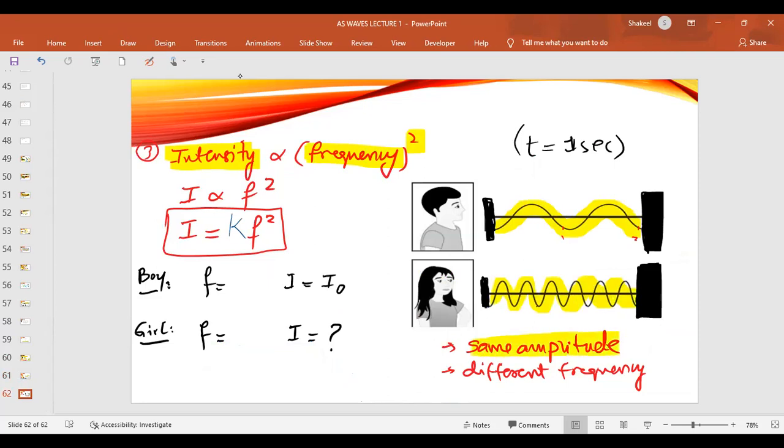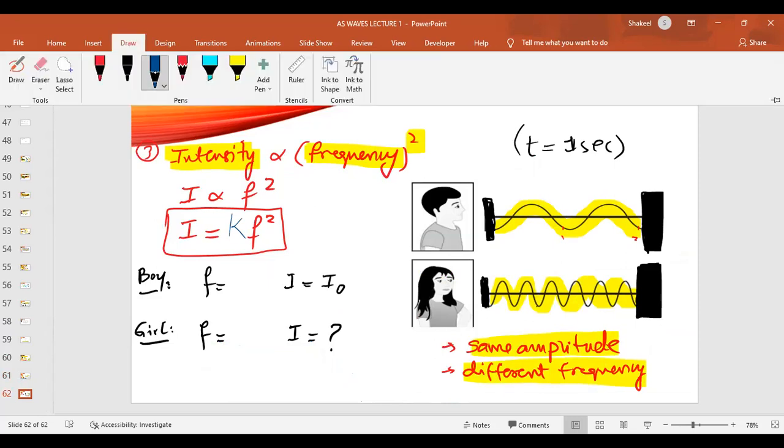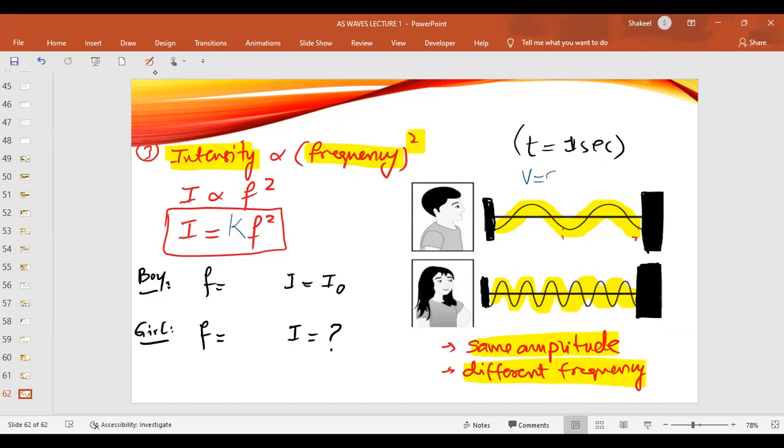Let's say they have the same amplitude, but different frequency, and they have the same speed as well, because both the boy and the girl are talking in the same air, the medium is the same, so their speed is the same and their amplitude is the same. But the number of waves is different. The boy is producing fewer waves in 1 second and the girl is producing more waves in 1 second. It means the girl's frequency is higher than the boy's frequency.